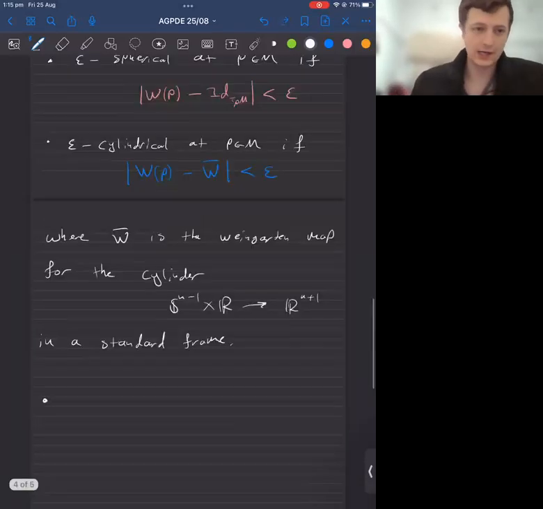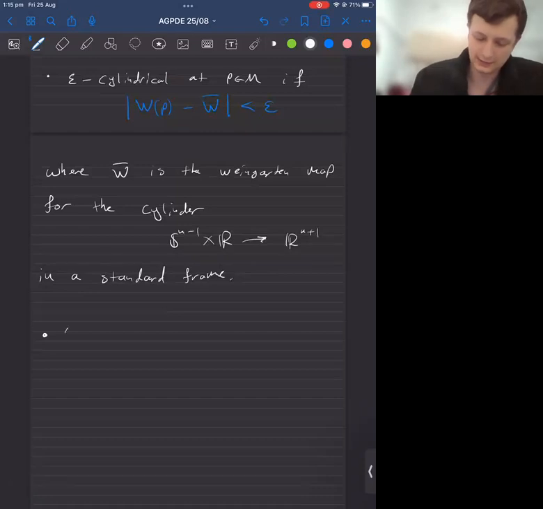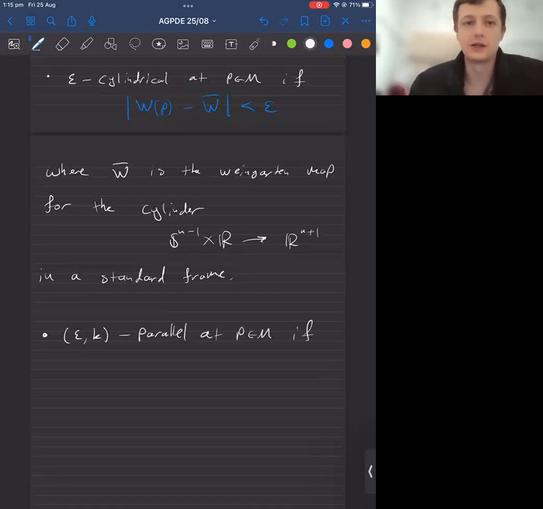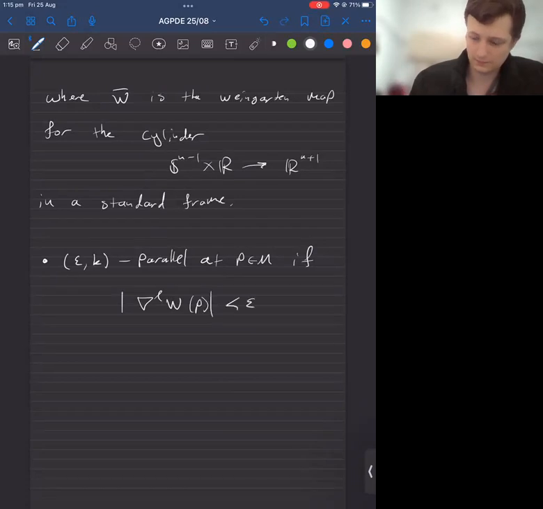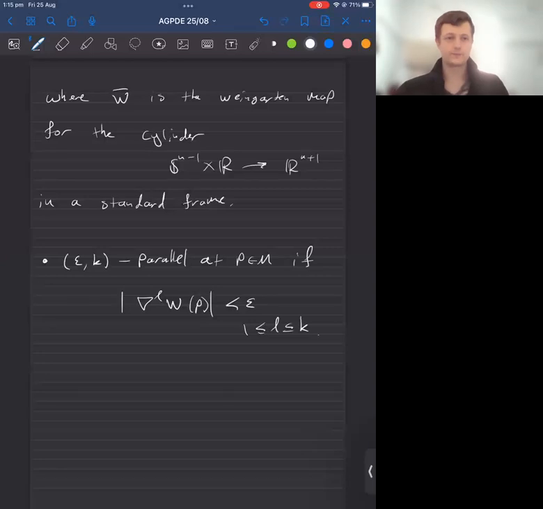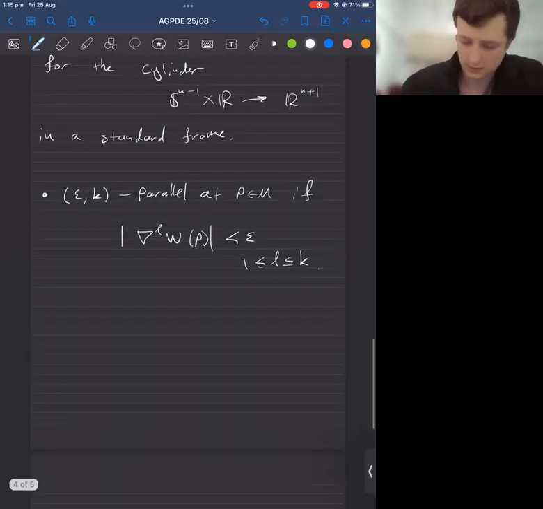So now we want some higher order conditions as well. So we say it's epsilon k parallel if it's nearly parallel everywhere, right? So the covariant derivative of W, sorry, not W, the tablet L. Okay, so that makes sense.